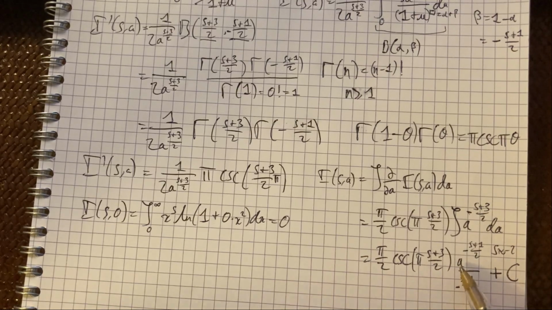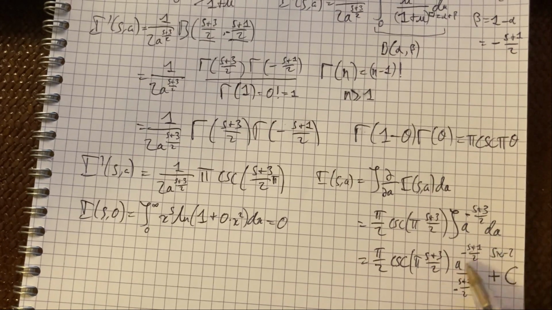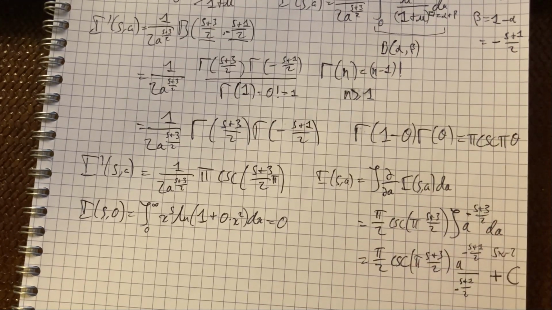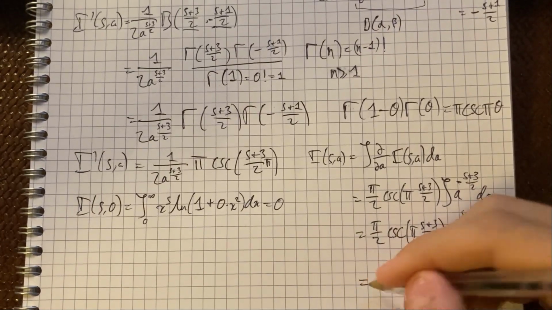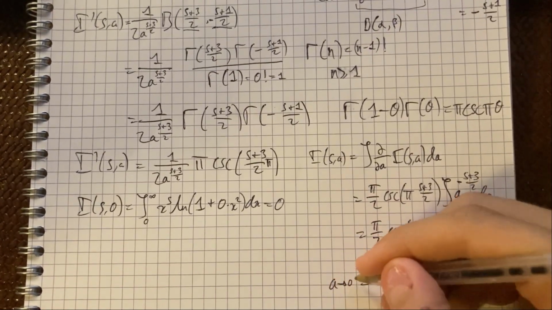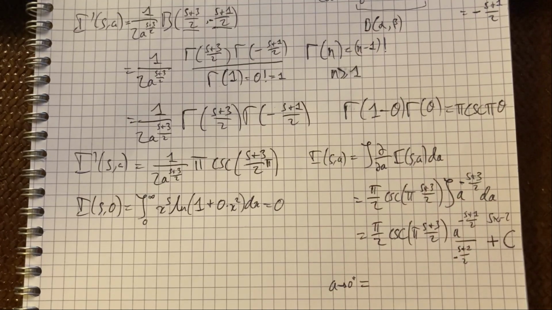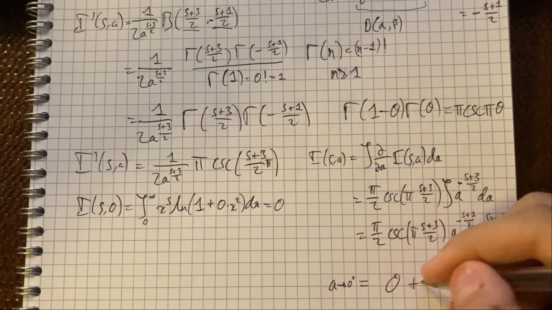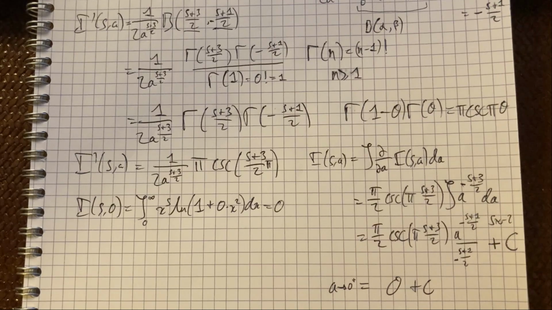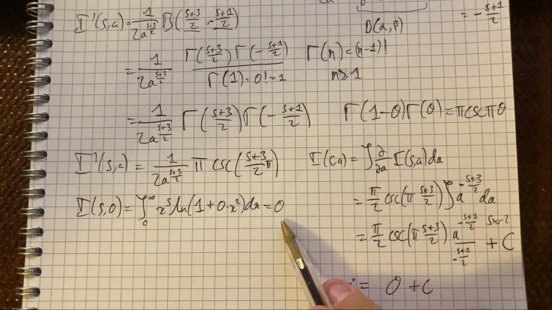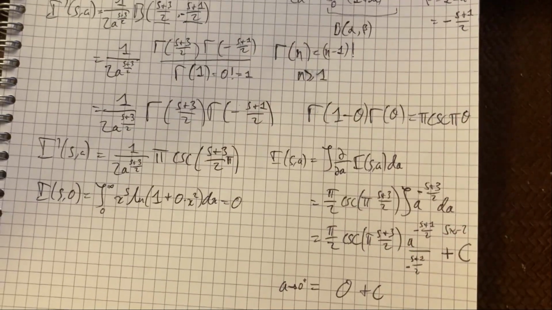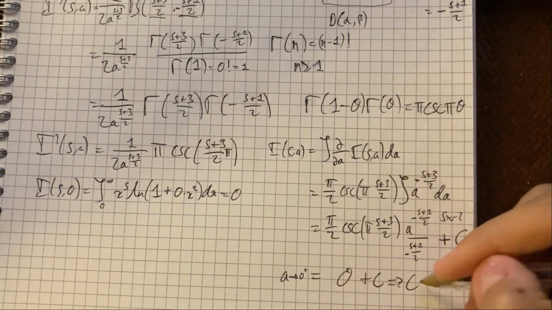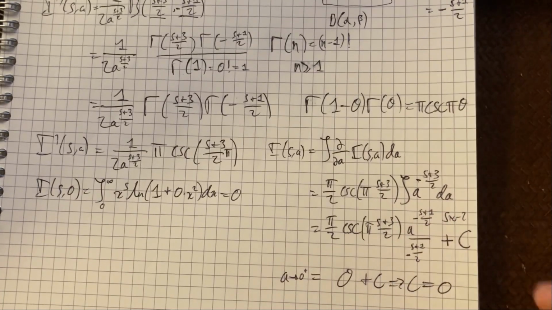So when a is replaced with 0, we have still 0 in here. So for a approaching 0 plus, this equals 0 plus c. And as this equals 0 without plus c, we know that this implies capital C equals 0.